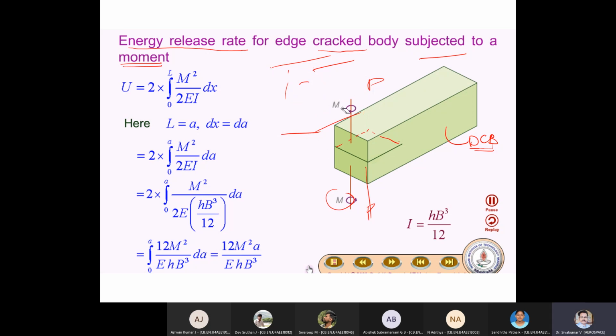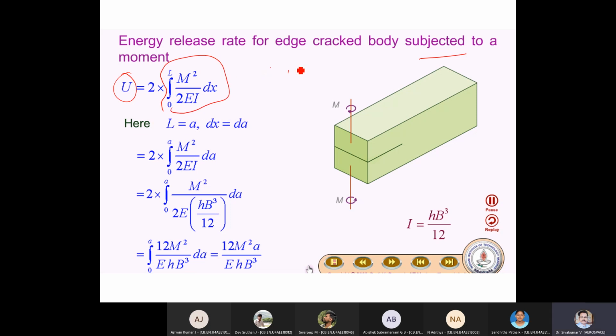If that is the case, this is the energy. When a beam is given a moment, how much is the energy?